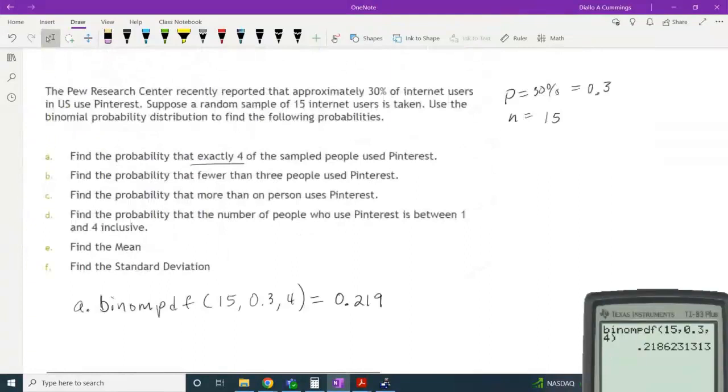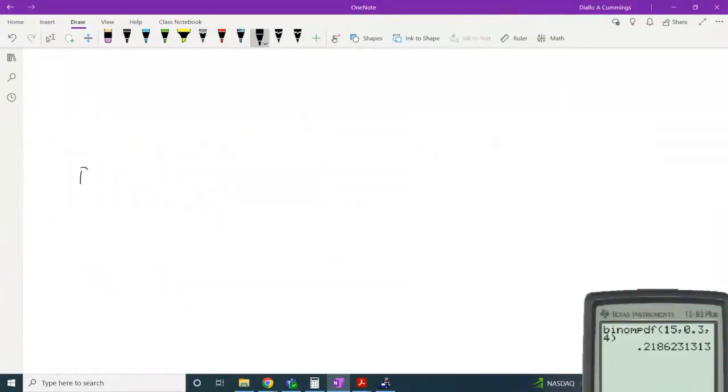So if I were to map that out, P of 0 plus the probability of 1 plus the probability of 2 plus the probability of 3.